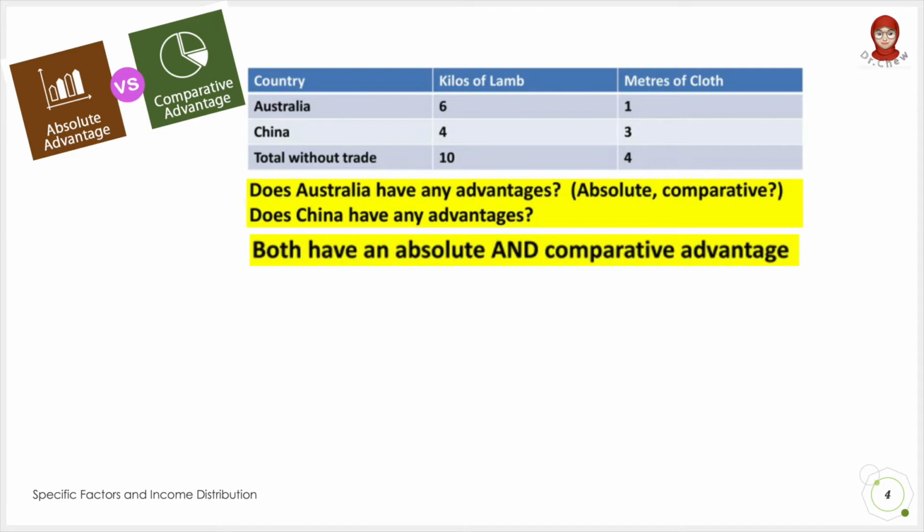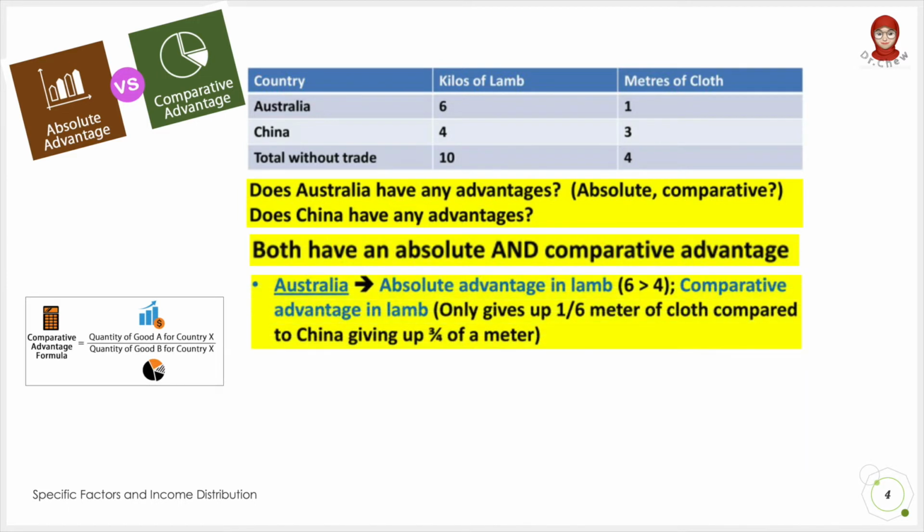Let us have a look at Australia first. In terms of absolute advantage, we can see that Australia has the advantage in producing lamb. This is because with the same amount of resources, Australia can produce 6 kilos of lamb, whereas China can only produce 4 kilos of lamb.